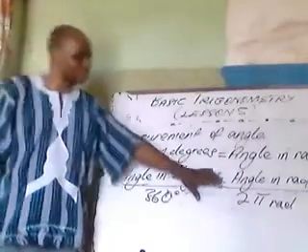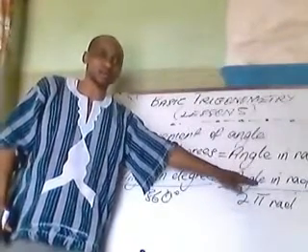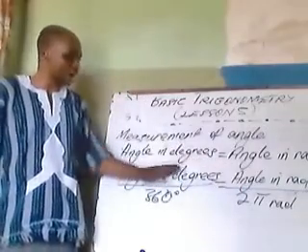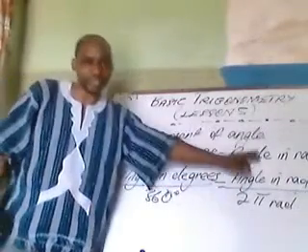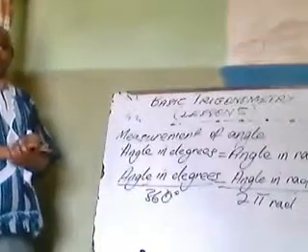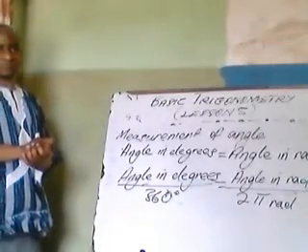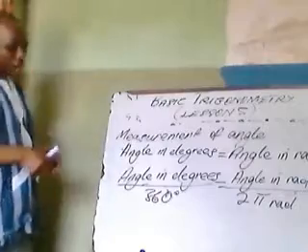And with this, we can always find an angle, or we can convert an angle in degrees to radians, and vice versa, using this formula. Are you okay? Now let's move on.